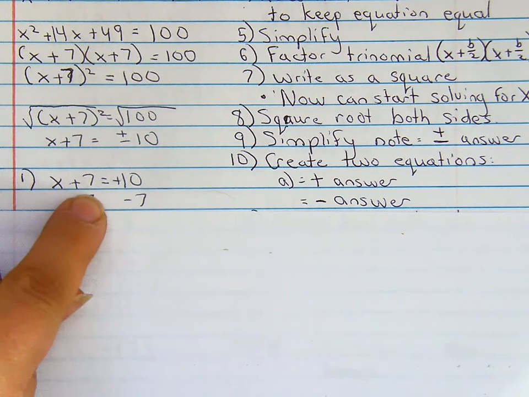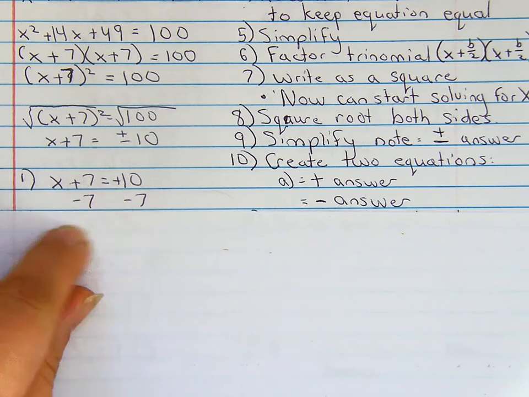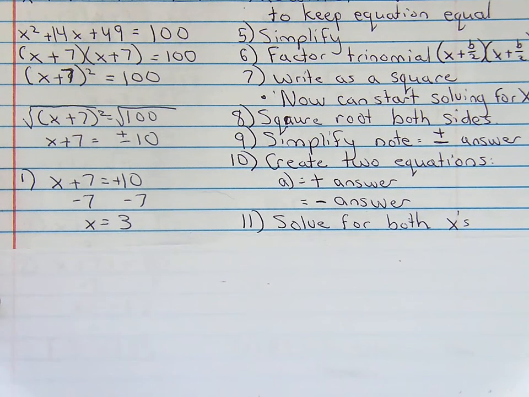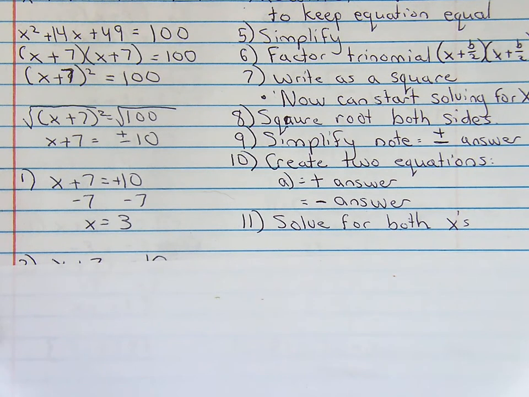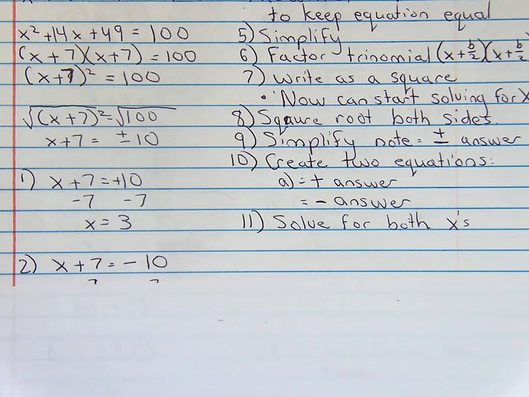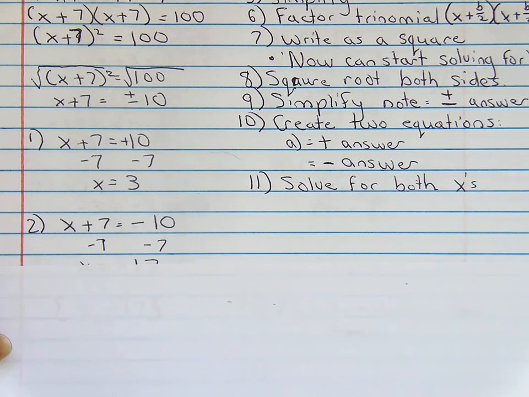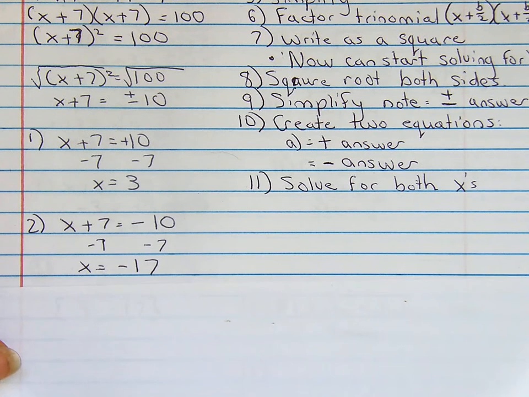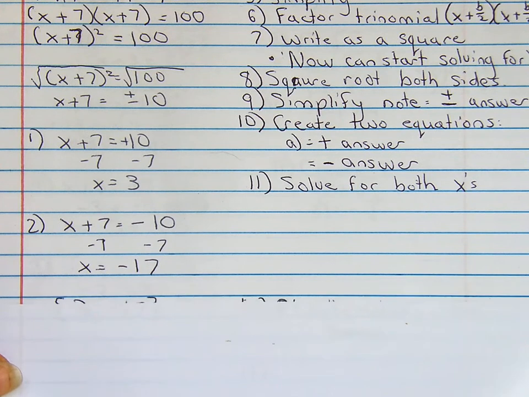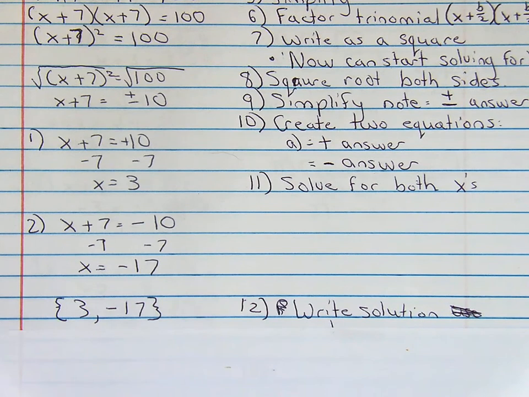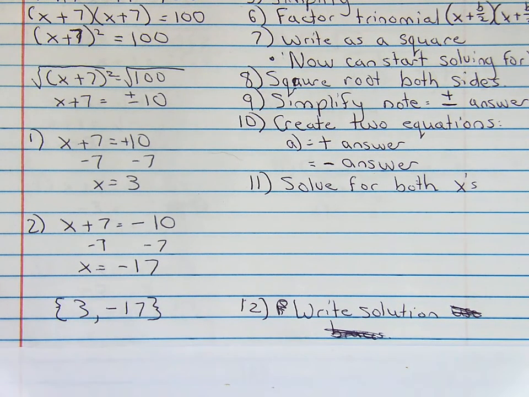So x plus 7 equals positive 10, minus 7 from both sides gives me x equals 3. And step 11 is to solve. And then I do my second equation with a negative answer, negative 10. So when I minus 7 from both sides, I get negative 17. So I rewrite my solution, which is 3 and negative 17.